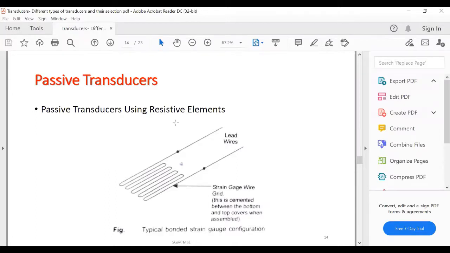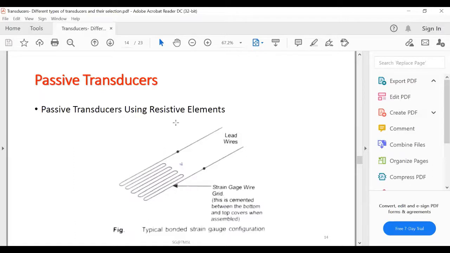In a strain gauge, if an axial force is applied to the element to cause it to stretch, its length increases by an amount, and this stretching causes the cross-sectional area of that element to decrease.